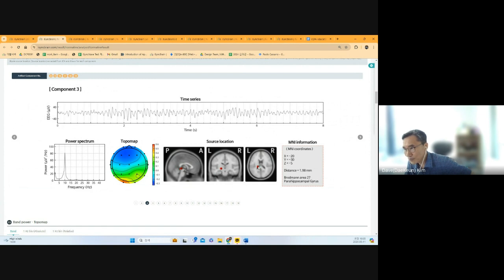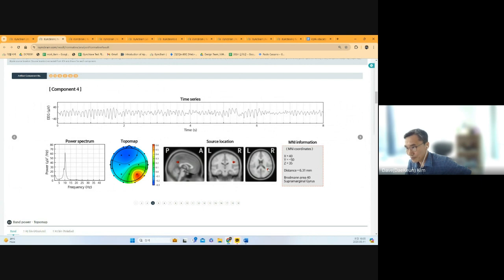She has a left temporal alpha activity in number 3. And number 4, we can see the supramarginal. Supramarginal is the right posterior and above the horizontal plane. So this is very close to the P4 area at the sensor level.